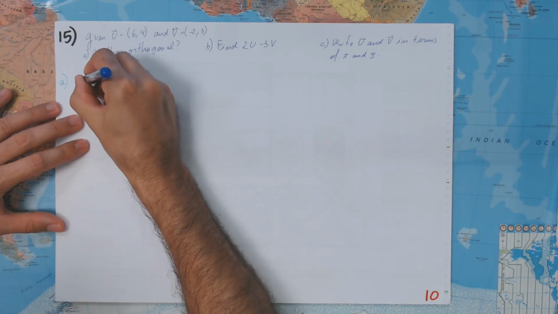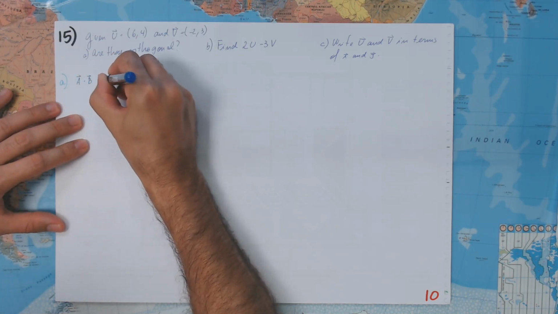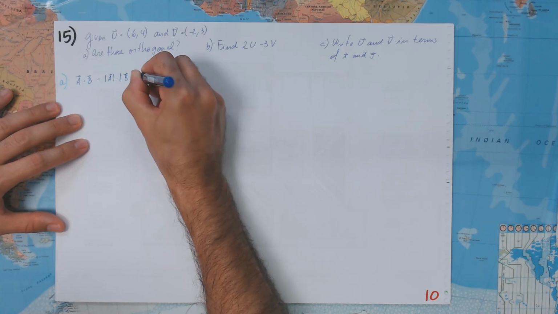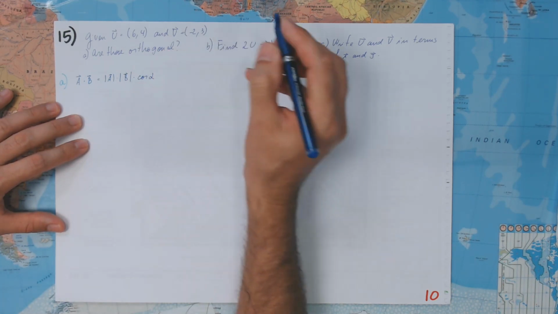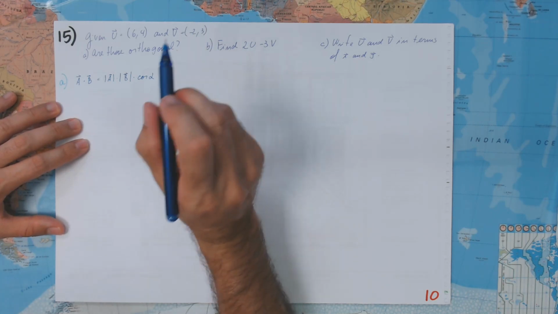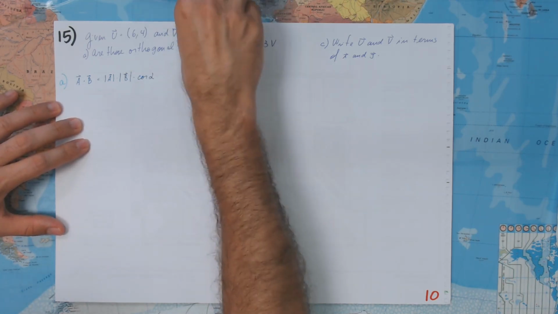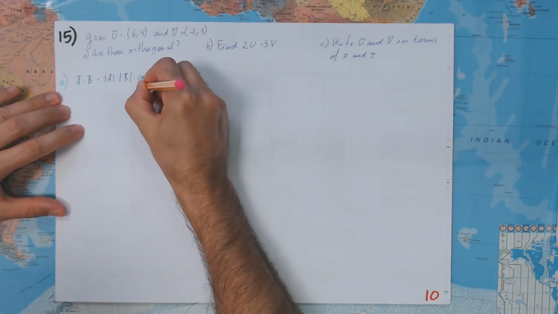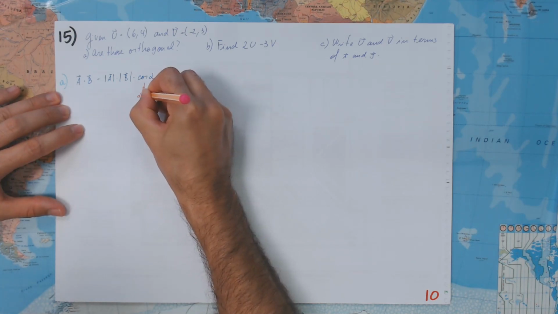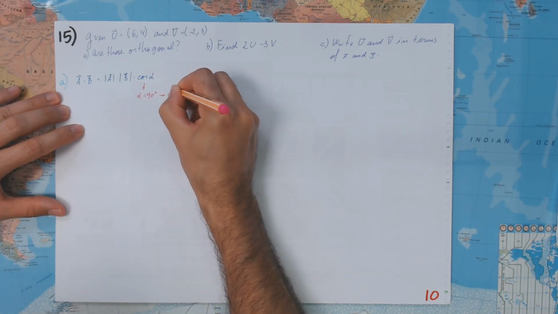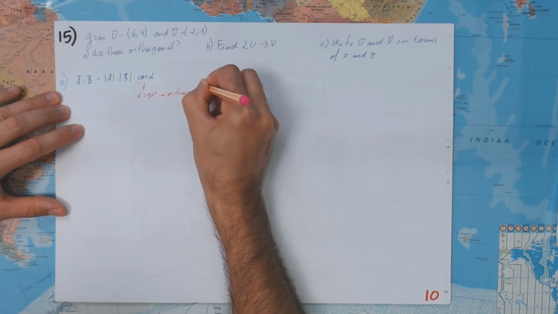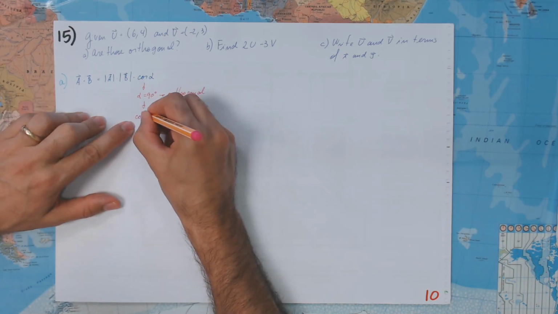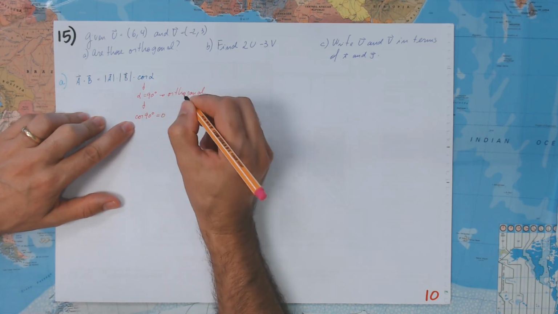We have A scalar B. This is modulus of A times modulus of B times the cosine of the angle between them. Well, if they are orthogonal, it means that alpha is going to be 90 degrees. And the cosine of 90 degrees is going to be 0, right?